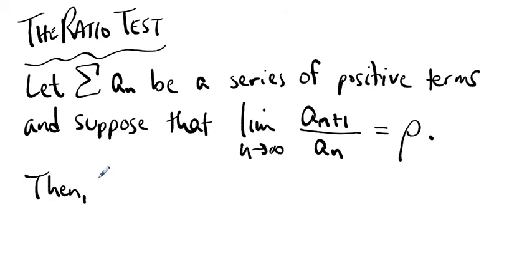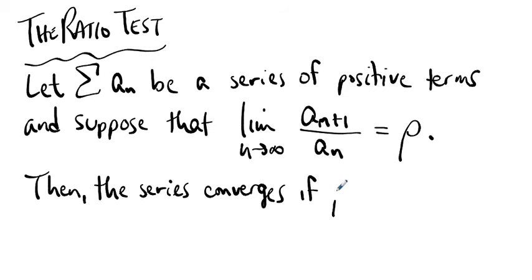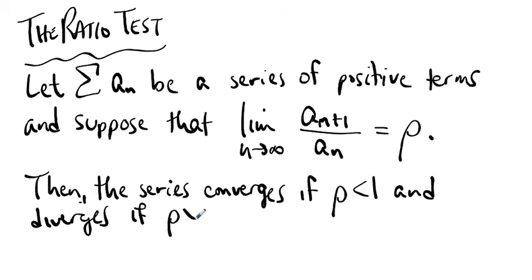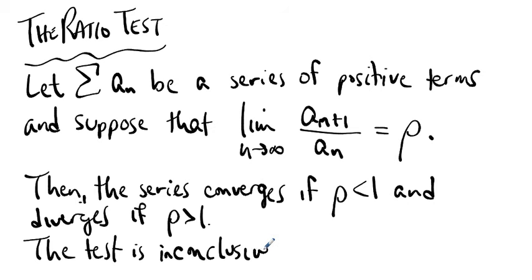Then the series converges if rho is less than 1 and diverges if rho is greater than 1. The test is inconclusive if rho is 1.